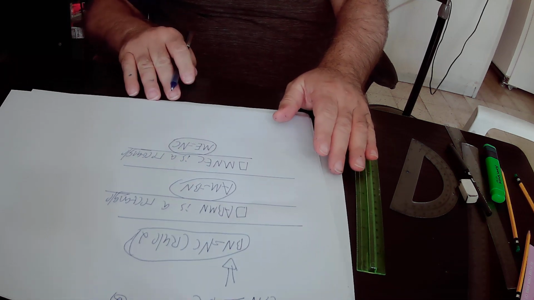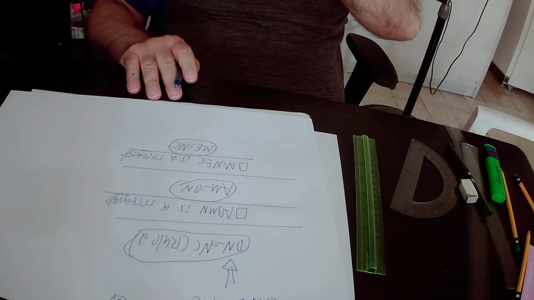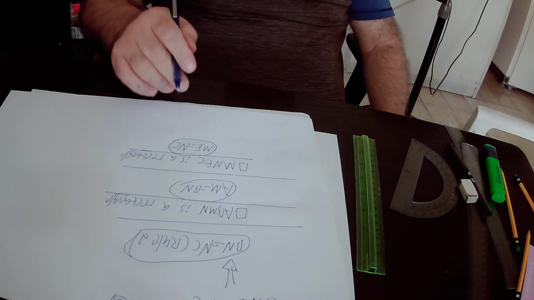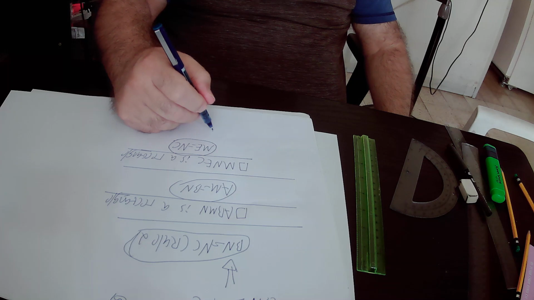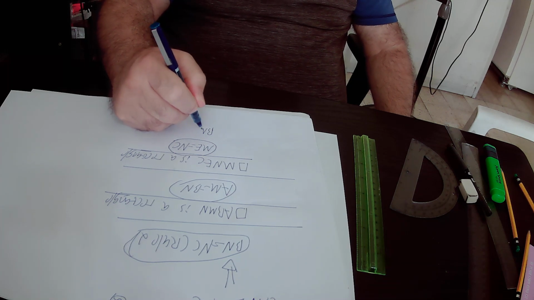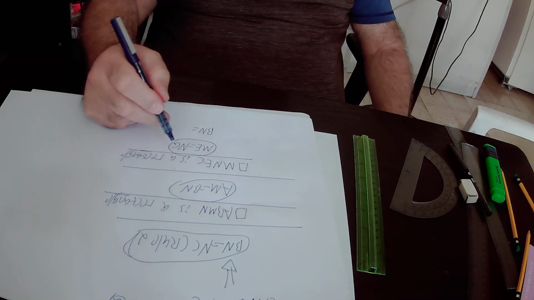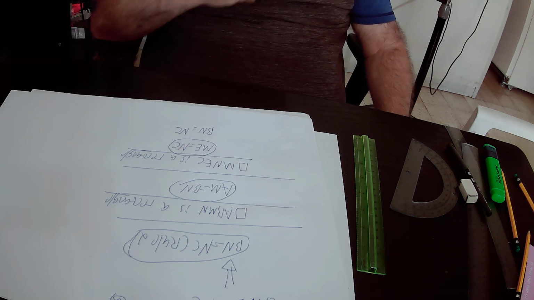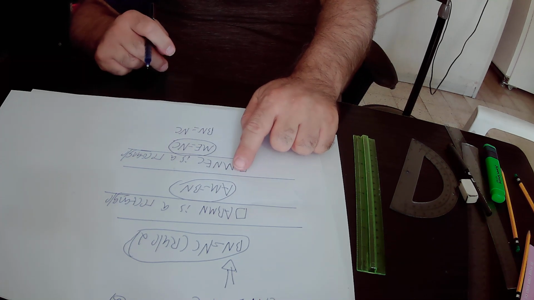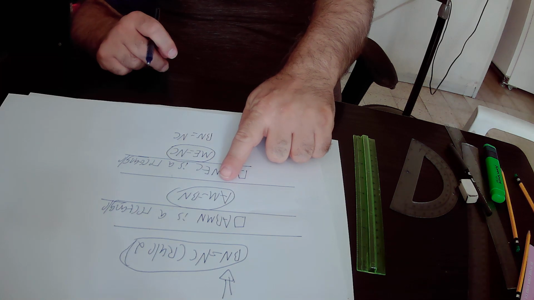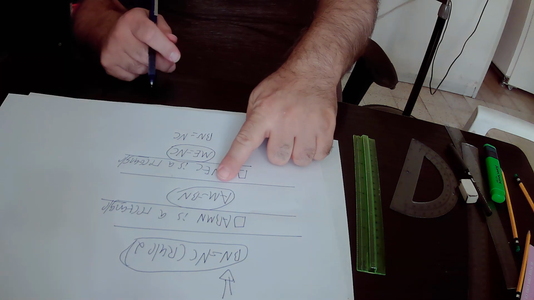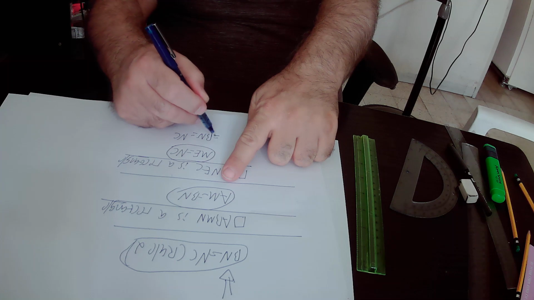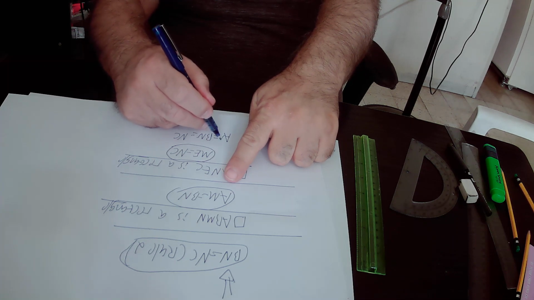So we can summarize what we did until now. We found out that according to rule number 2, BN equals NC. But we have already found out that BN is also equal to AM, so we can write here that BN equals AM.